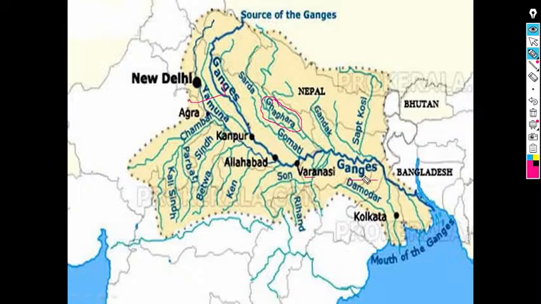Varanasi Ganges, then Gandak, Saptakosi, Kali Sindh, Parvati, Betwa, Ken, Rihan. So basically Ghagra here originates in Nepal, in the Tibetan part.